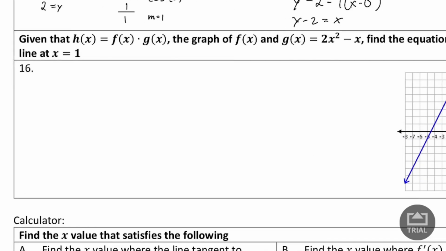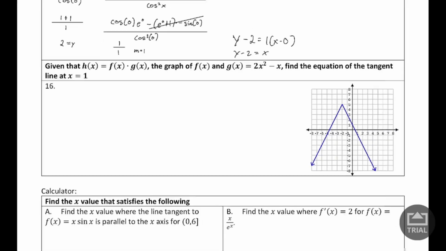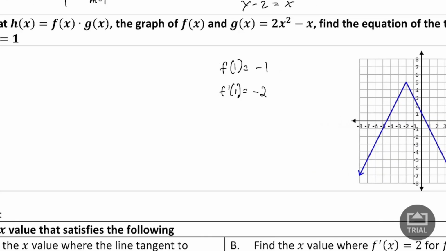So, like I did before, I'm going to try to get all my basic values, such as, what's my f of x? F of 1 is going to be, it looks like negative 1 on the graph. And then the derivative at 1 appears to be negative 2. Yes, negative 2. Now let's do g of x.